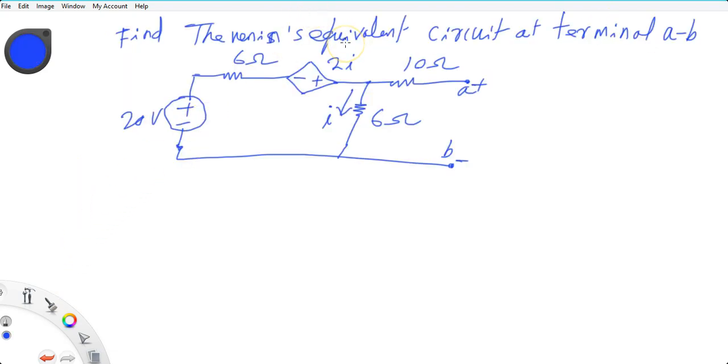Find Thevenin's equivalent circuit at terminals A, B. The circuit has a 20 volt source, 6 ohm, 2I, 6 ohm, 10 ohm.